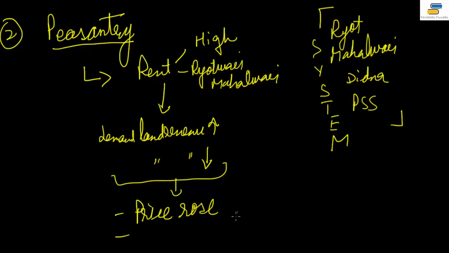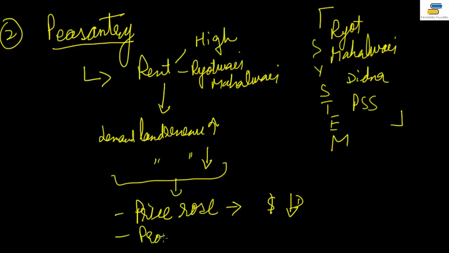When the prices rise, what happens? The price rises, the demand falls. So that was one, right. Although the demand of agriculture product is generally inflexible, it remains almost constant, but there is some impact.